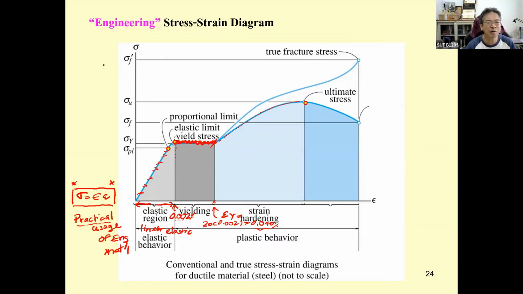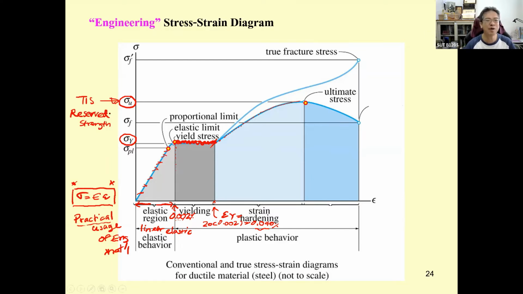The sigma ultimate needs to be specified because it's a kind of reserve strength of the material. That's why the TIS requires you to determine it also.